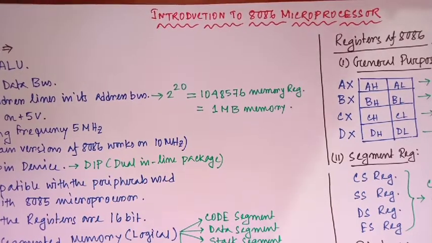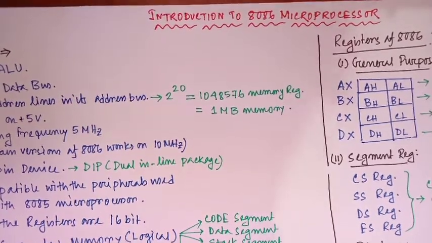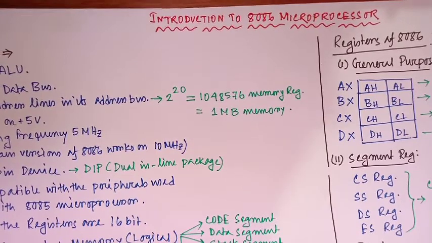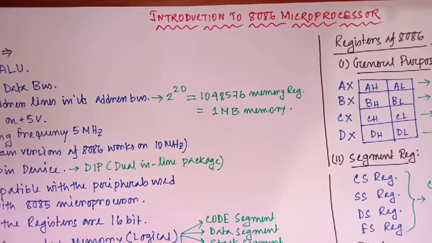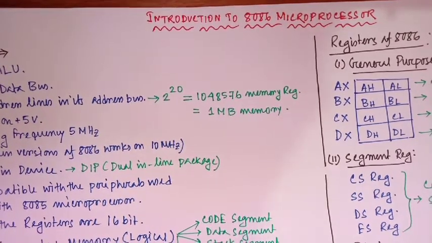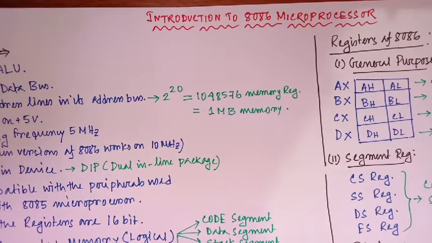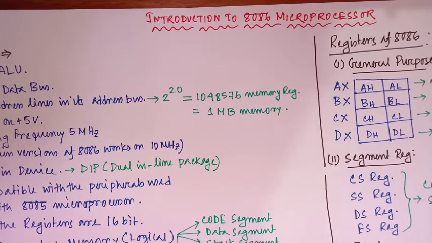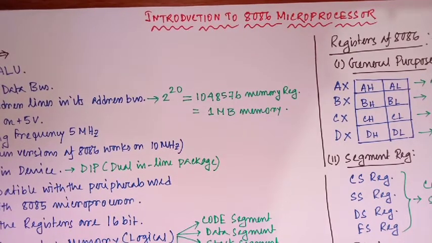It would be better if it had multitasking capabilities. So the requirement of a better processor came into the picture, and the solution was 8086. Remember, 8086 is a 16-bit microprocessor, and this 16-bit defines its word length.